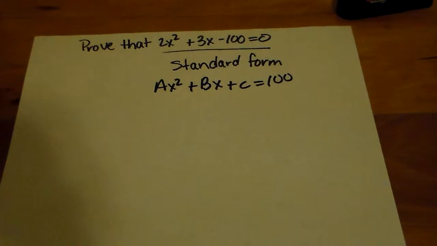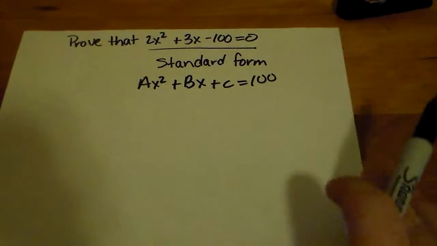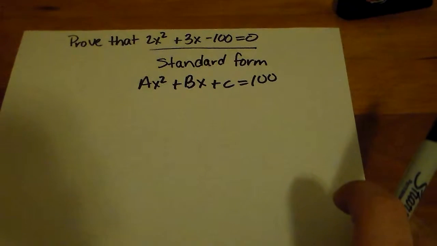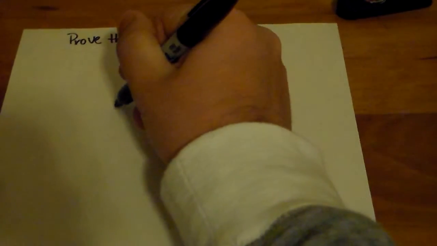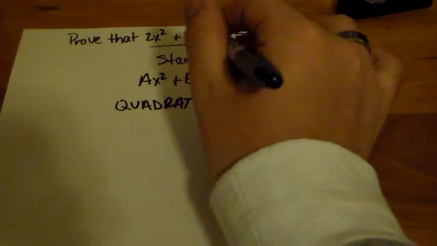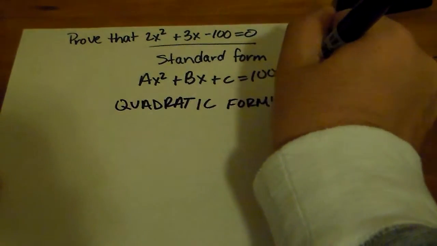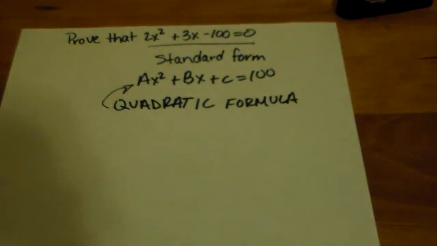Now, we want to know what the x's are in the equation. So, what is the formula that we can use to find the x's? It is called the quadratic formula, and it is the best for this problem because it has those letters in there.